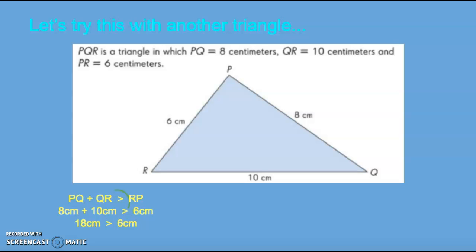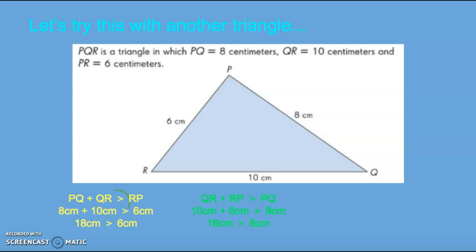Then we move on to add together two different sides. QR plus RP should be greater than PQ. So we insert the values for those sides. 10 plus 6 should be greater than 8. So we add together 10 plus 6 and get 16, and 16 is greater than 8.